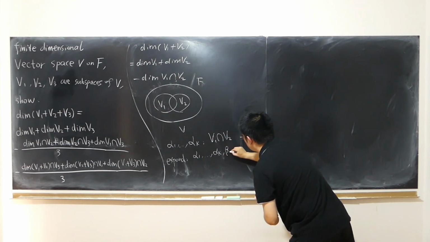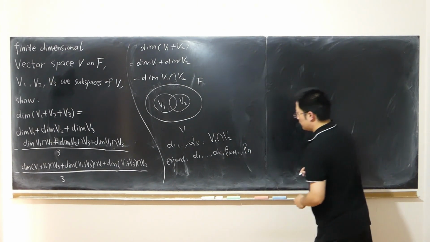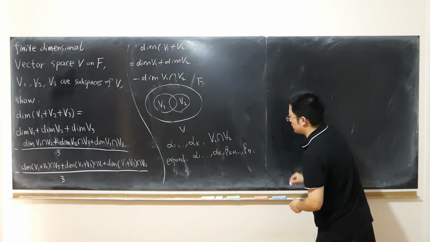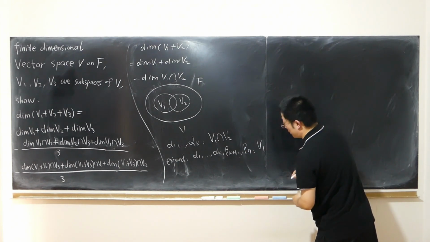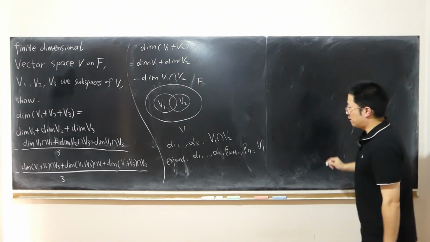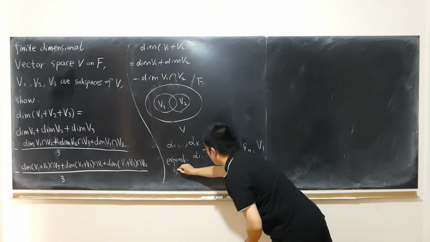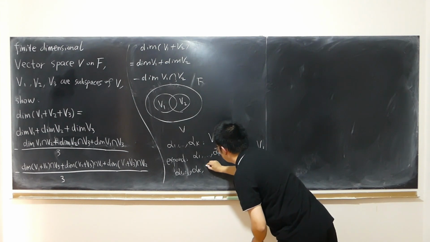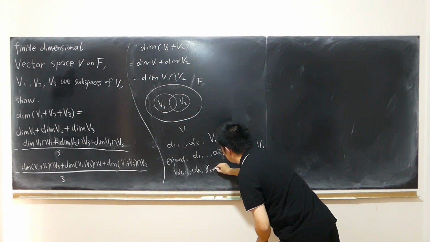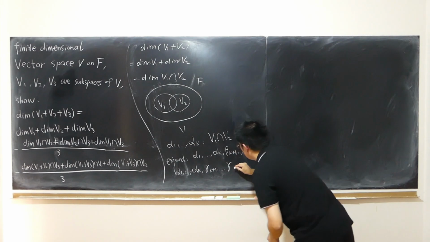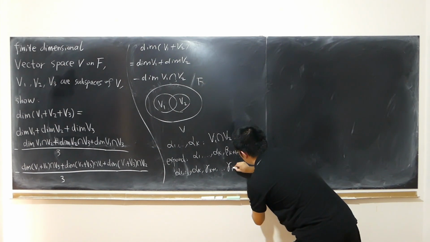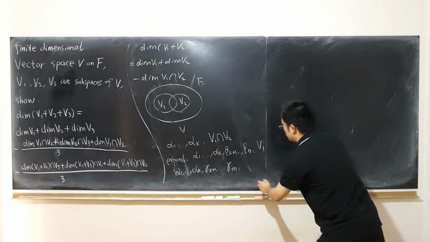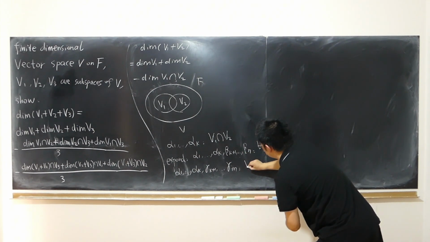Then we have beta k plus 1 all the way to beta n as a basis for the subspace V1. Likewise, we can expand alpha 1 all the way to alpha k with gamma k plus 1 all the way to gamma m as a basis for V2.